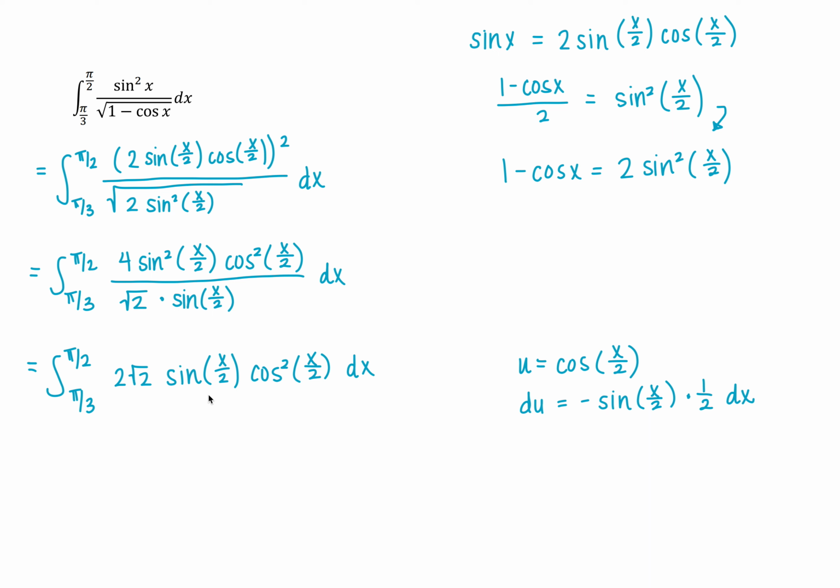I don't have the negative or the 1/2, but we can make that work. So what I'm going to do is in front, I'm going to take 2 square roots of 2 times a negative 2. And the reason I'm doing that is because I'm going to introduce a negative 1/2 inside. So those will cancel each other out.